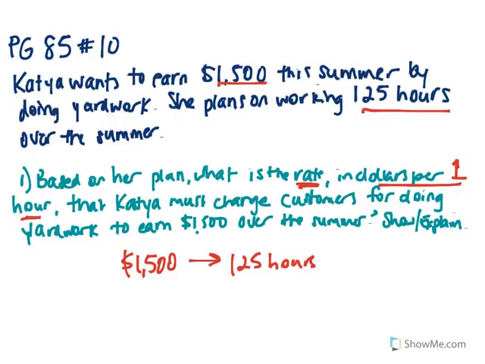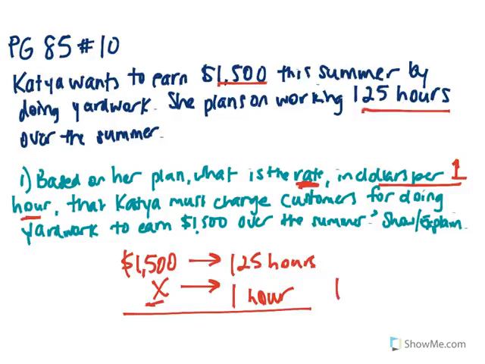So she needs to make $1,500 in 125 hours of work. So the question is asking us to find the hourly rate. So we're trying to find how much X does she make in 1 hour? Okay, so let's see.